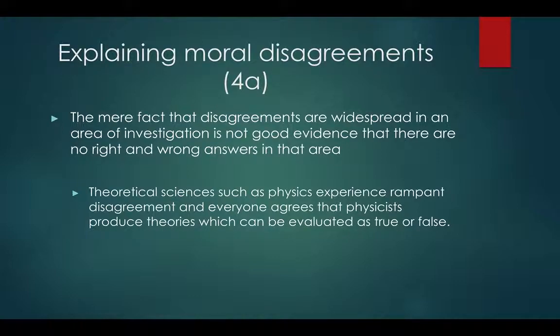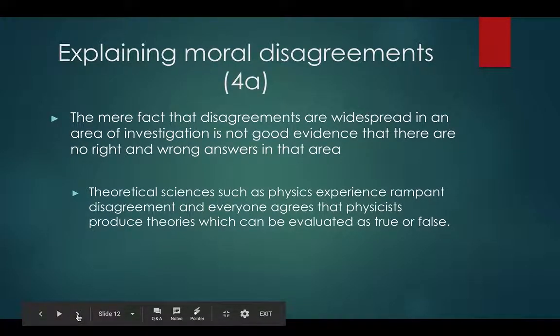Maybe it implies that those answers are often hard to discover. That's clearly the case. Perhaps sometimes more than one action is morally permissible. That also happens. But we can also pinpoint another source of moral disagreement or cause of moral disagreement.